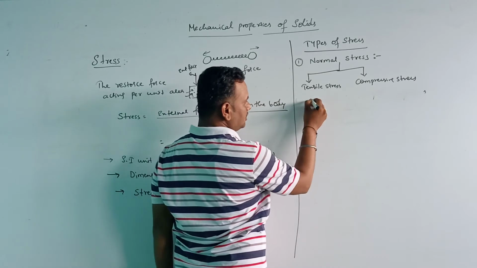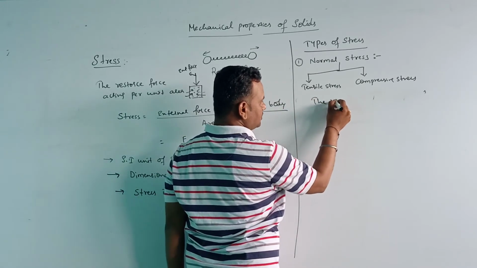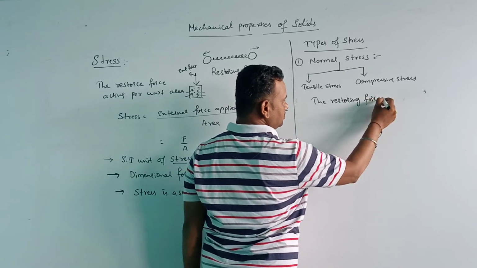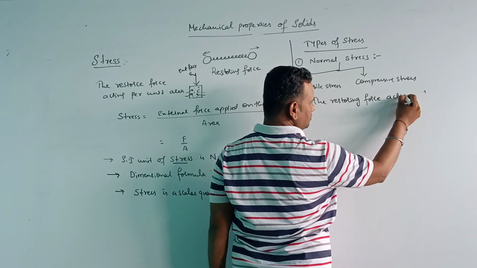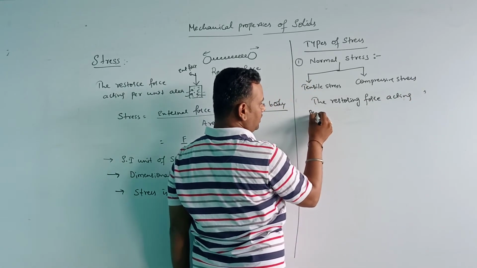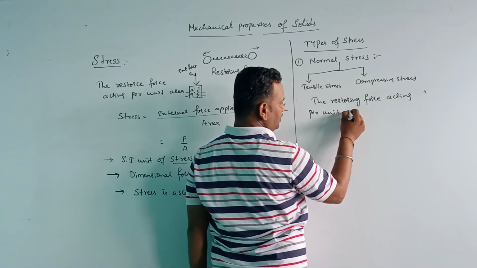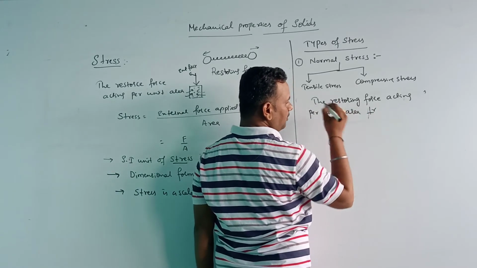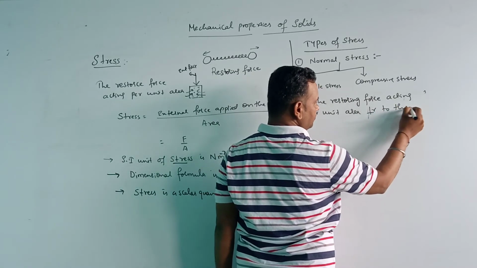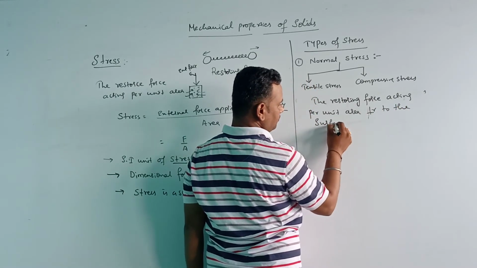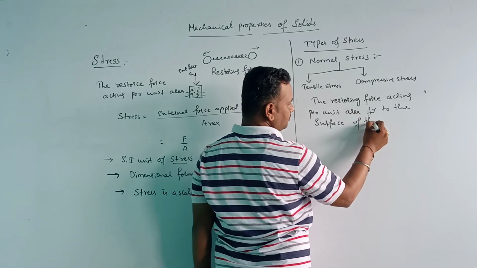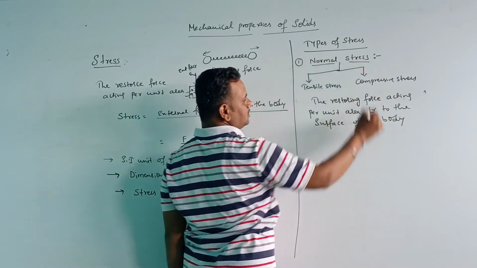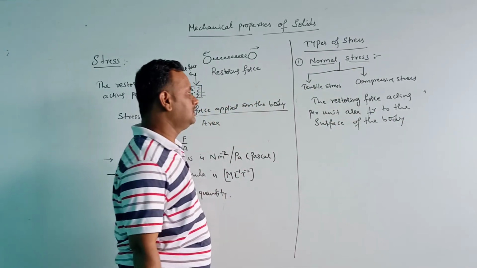Normal stress definition: the restoring force acting per unit area perpendicular to the surface of the body is known as normal stress.